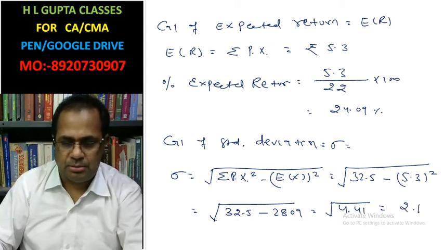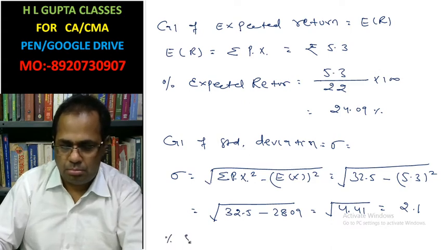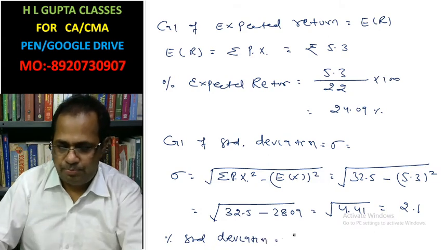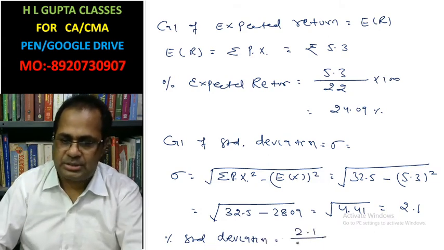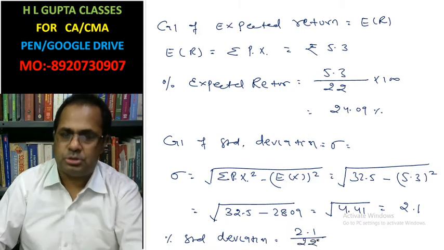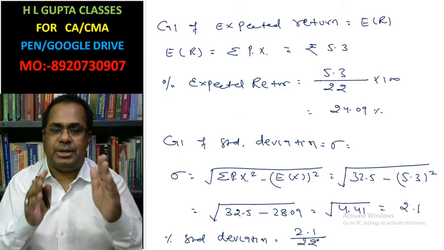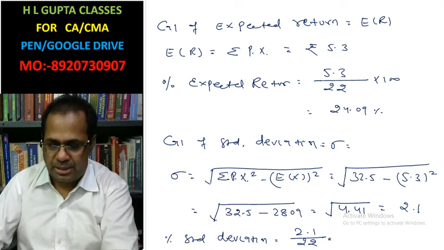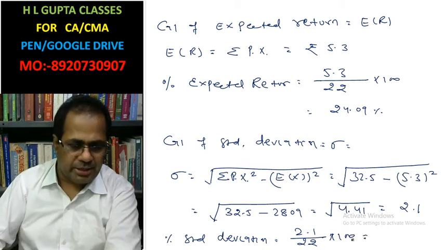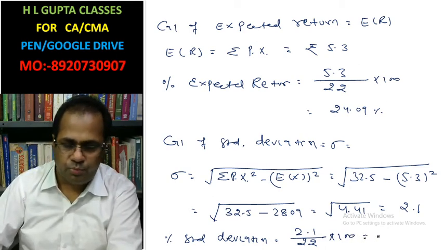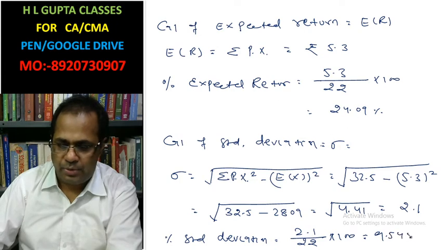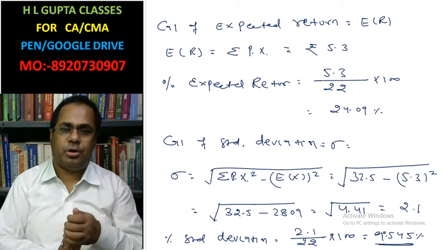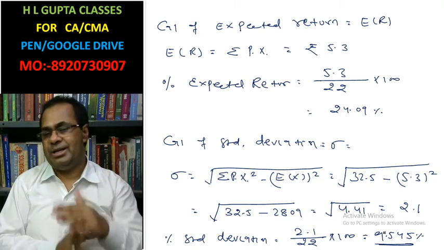Percentage standard deviation: 2.1 is the standard deviation on investment of 22, because P0 is 22. That's why percentage is calculated on base market price. Base market price. This is 2.1 divided by 22 into 100, 9.545%. Okay.